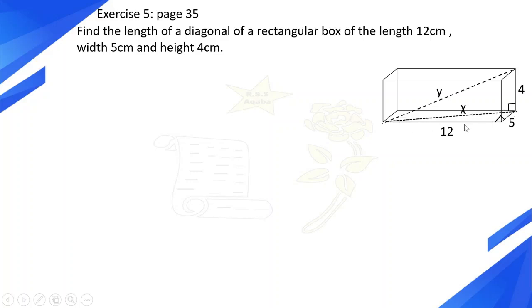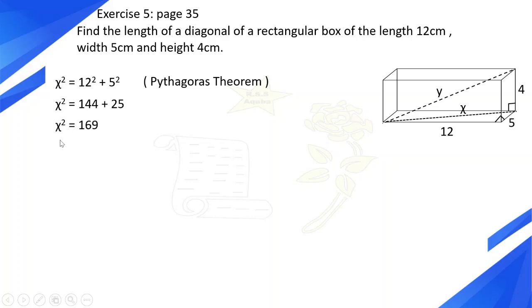So by using Pythagoras theorem, we can find x. x squared equals 12 squared plus 5 squared. 12 squared equals 144, 5 squared equals 25. Let's add, we will get 169. Take the square root of both sides. x equals 13 centimeters.